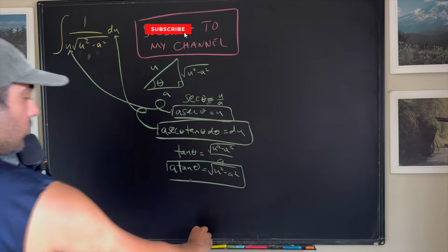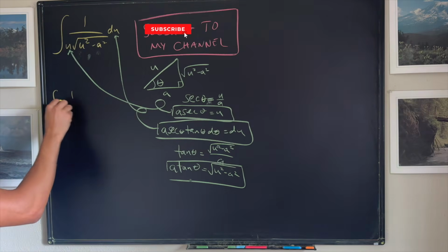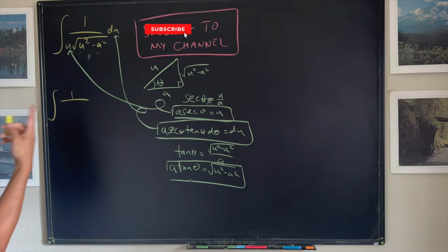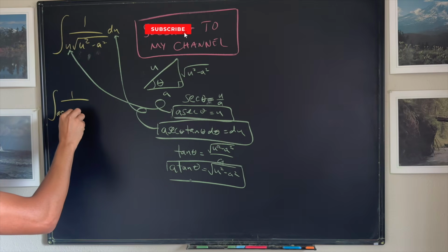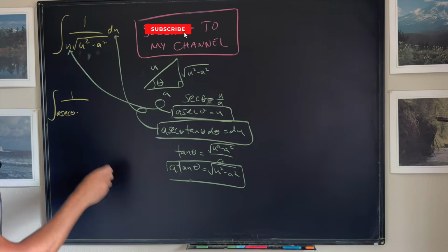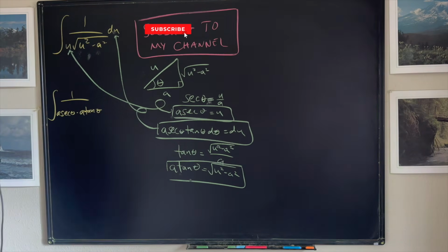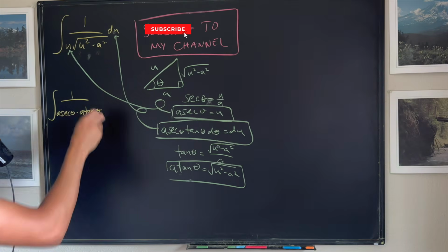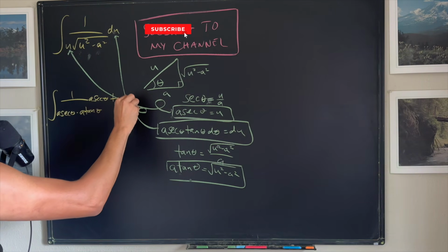So now let's go ahead and start rewriting our integral. What we have is the integral of 1 over u. So u is a secant theta, so we have a secant theta times the square root term, which is a tan theta, and then times our differential du, which is a secant theta tan theta d theta.